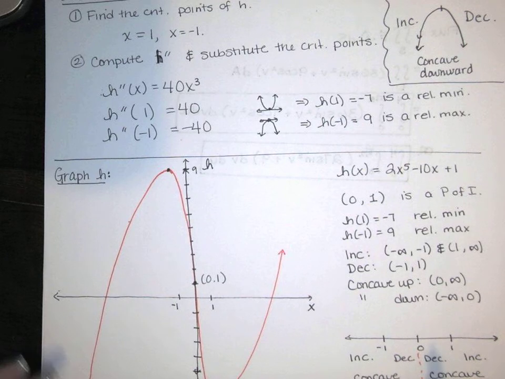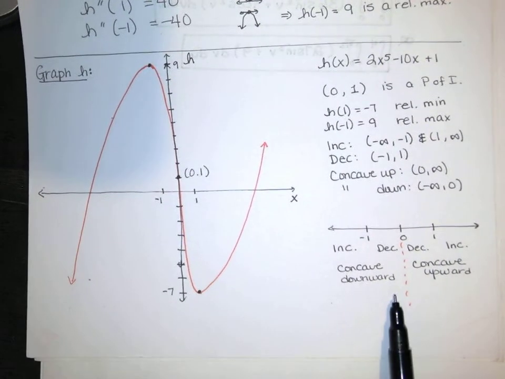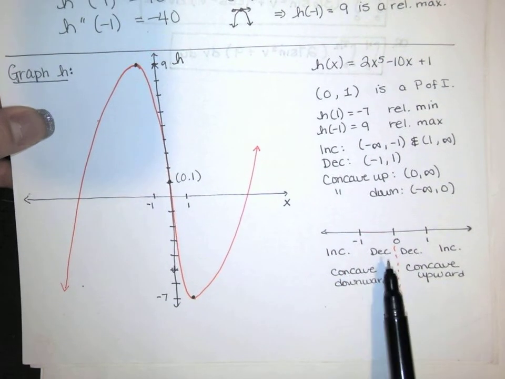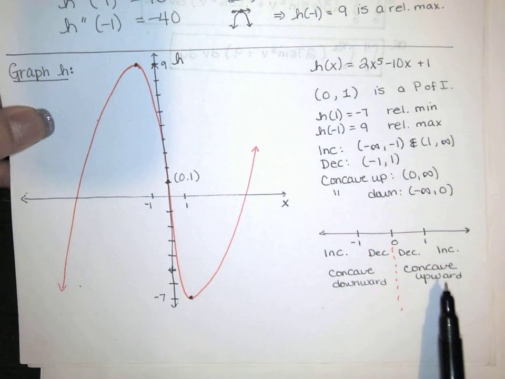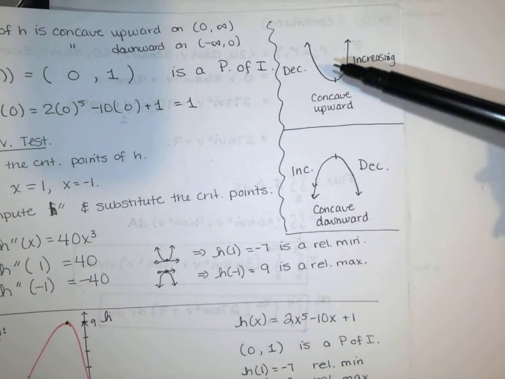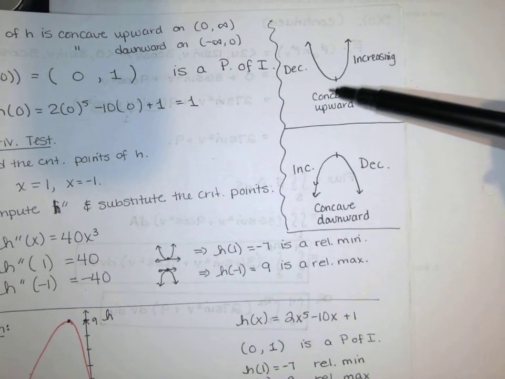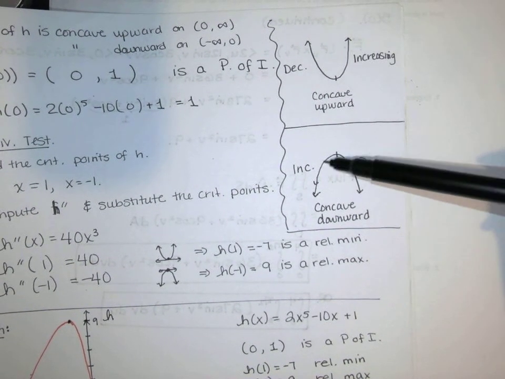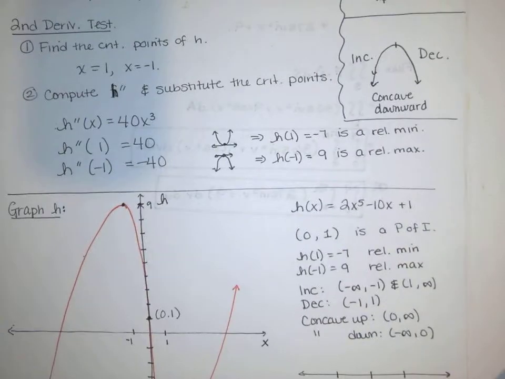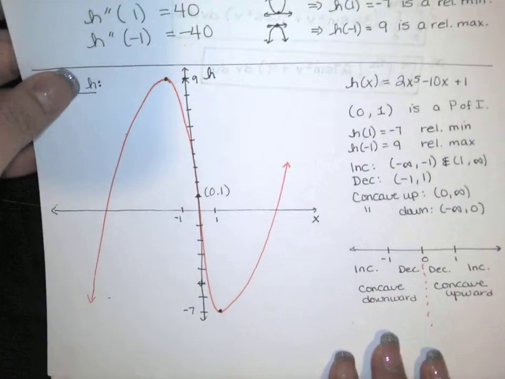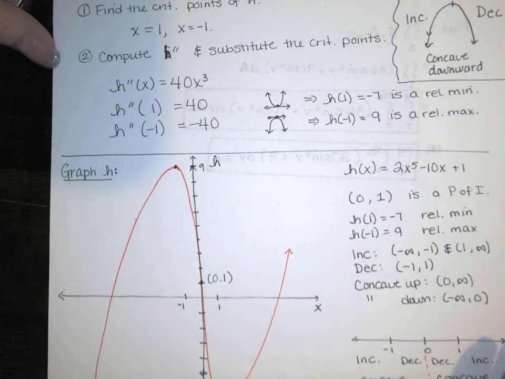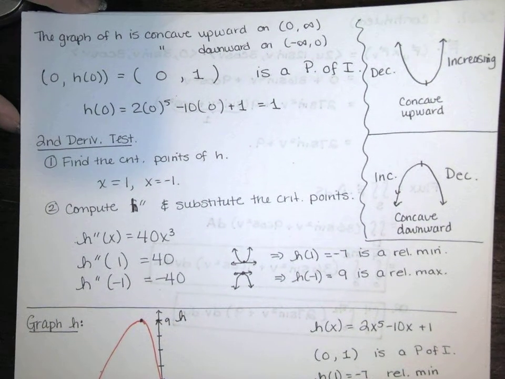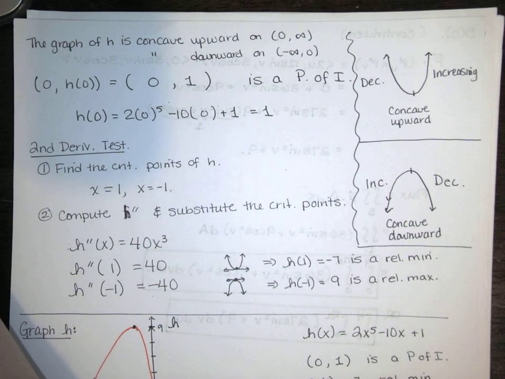So don't let this chart that we made down here trip you up. It is possible to be increasing and decreasing in concave downward, and increasing and decreasing in concave upward, because you're just talking about either that side of the parabola or the other side. You put them together and it sort of makes sense. So that's our first example, and we'll do another example or a few more examples in other videos.